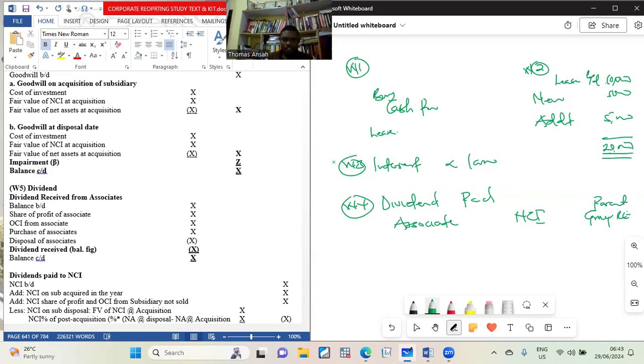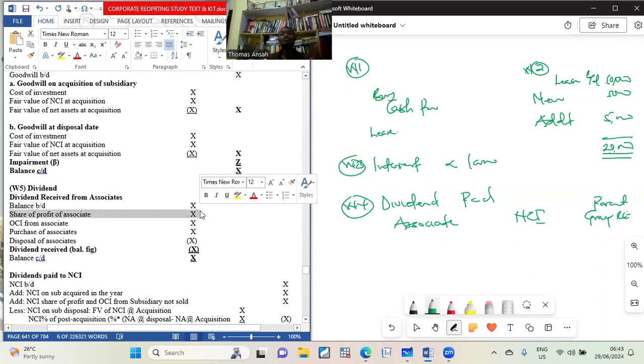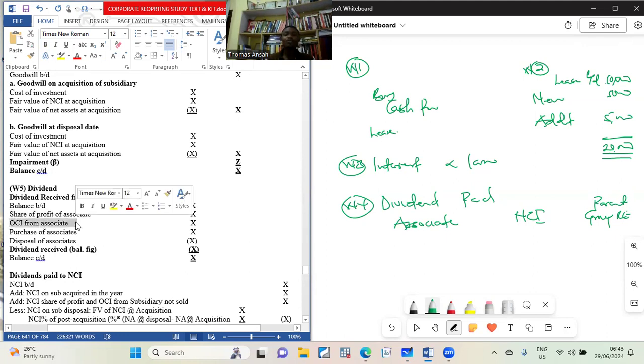All right. How do you do the dividend in associate? This is it. From associate, you take the balance brought down in the balance sheet. The share of profit you add because it increases your investment there. All right. If there is any OCI in the question, you put it there. And if you are buying an associate, this one basically is your purchase consideration.